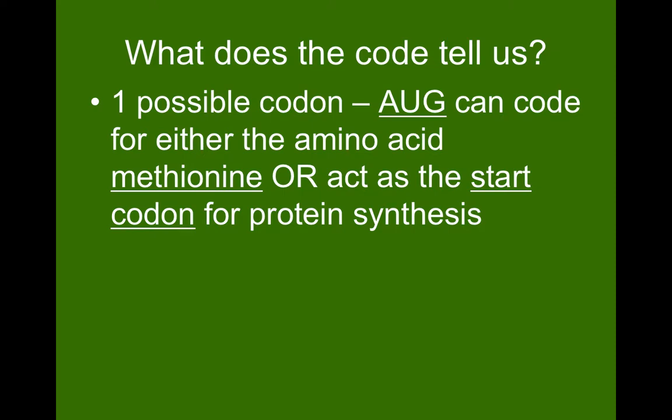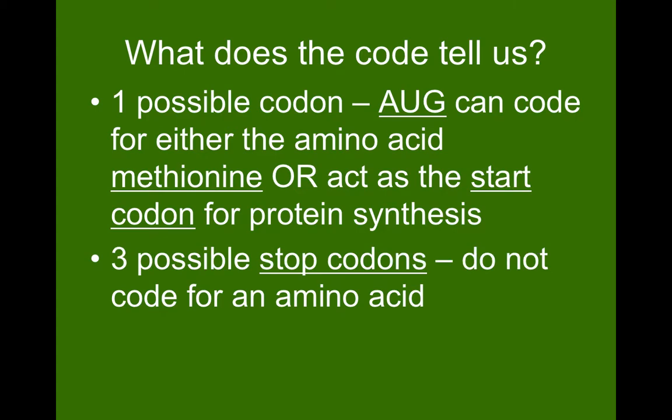So remember, RNA polymerase starts at the promoter region. Well, that promoter region doesn't contain methionine. So once the ribosome gets to that first AUG codon, that's when it knows it needs to start making the protein, because everything else was the lead into that.